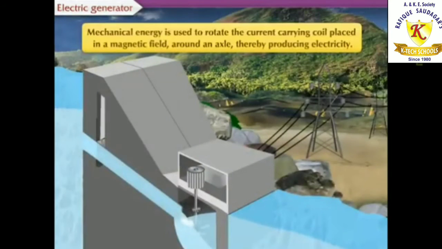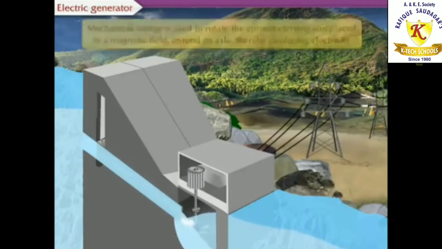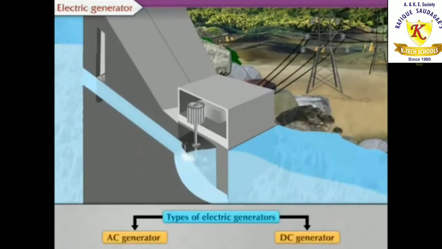Here, mechanical energy is used to rotate a current carrying coil placed in a magnetic field around an axle, thereby producing electricity. Now there are two types of electric generators, AC generator and DC generator.